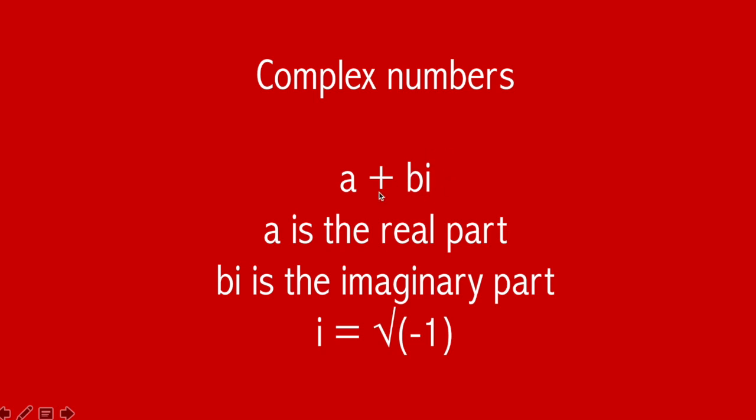So we just don't write the 0i because it's 0, and therefore any real number is a complex number. Similarly, the number i itself is actually in this form. It is just 0 plus 1i, and because that's 0, we don't write it, and the 1 is implied, so we don't write it as well.